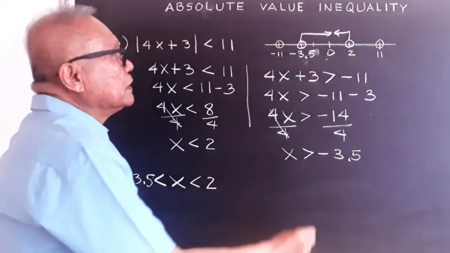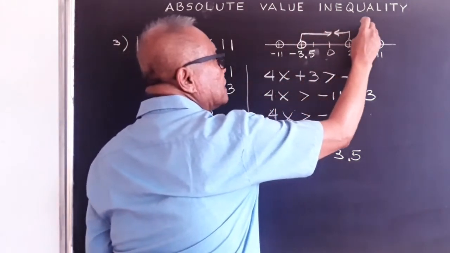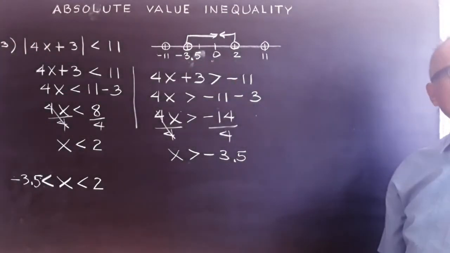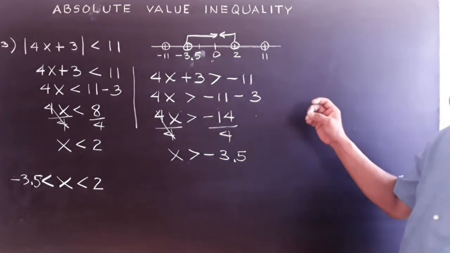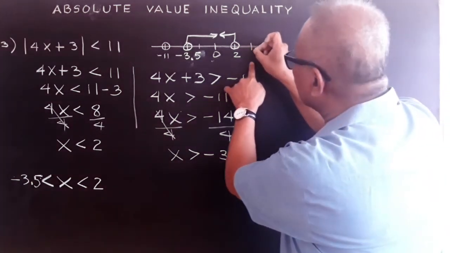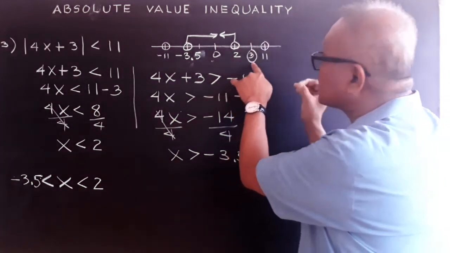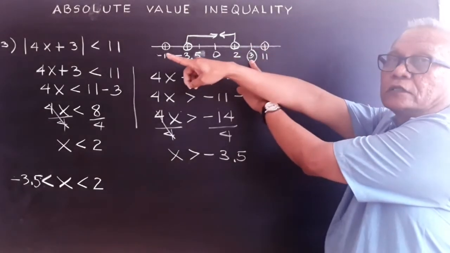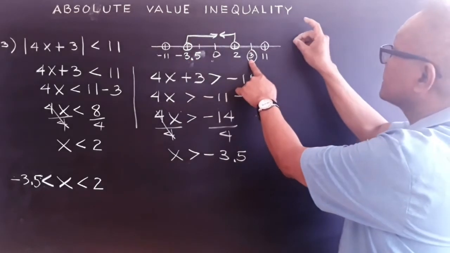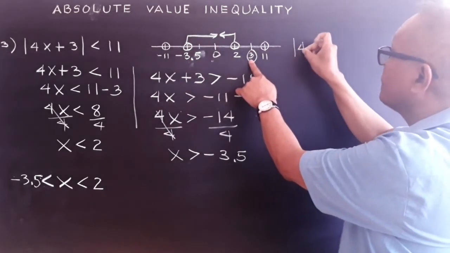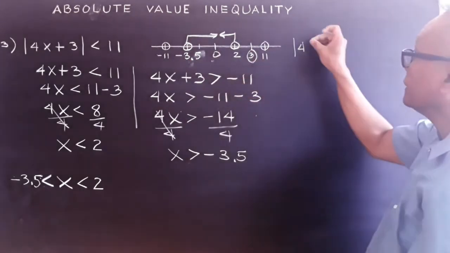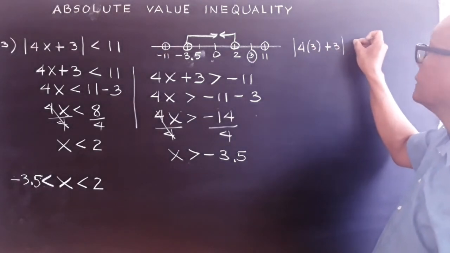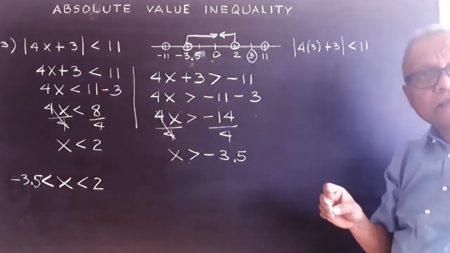Okay. Can this line continue here? If you are going to check, better to check or better to test. So is 3 here included here? Let's test this 3 here because this one is 2. So 3. Put in the original equation. So let's start here. 4, put the 3, plus 3 is less than 11.